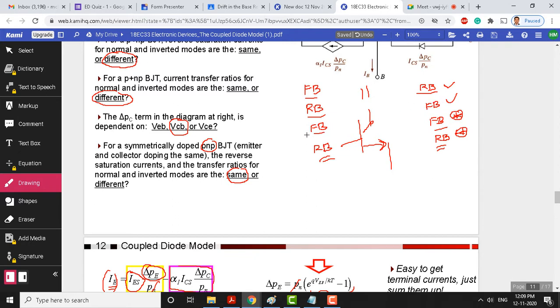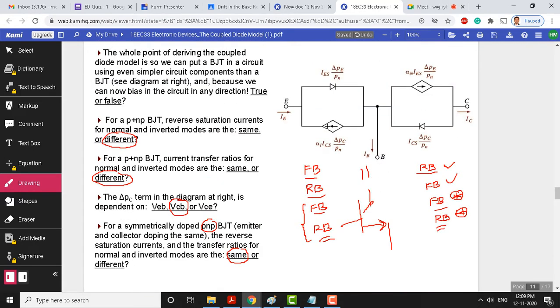And last class I gave you a hint to try to analyze what happens to the currents for two other biasing schemes. When the emitter-base junction is forward biased and the collector-base junction is also forward biased, try to analyze this.